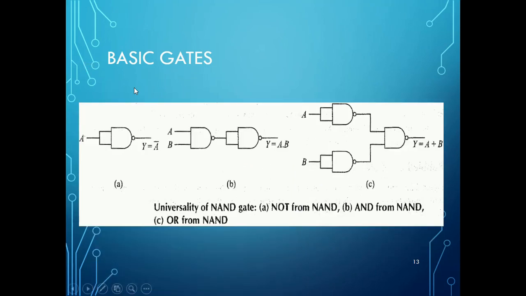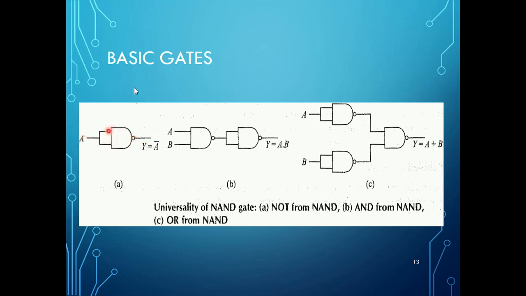So the next is the universal gate, the NAND gate. Here, universality of a NAND gate. Suppose you want to represent the NOT form with a NAND gate, you can connect it this way. A NOT always has one single input and provides one single output.